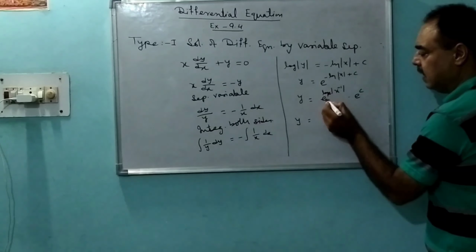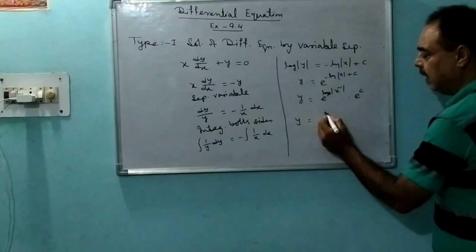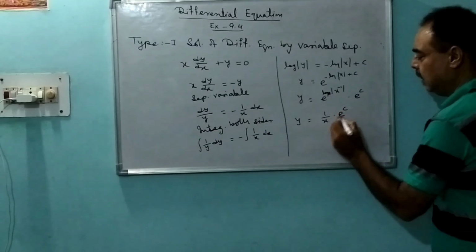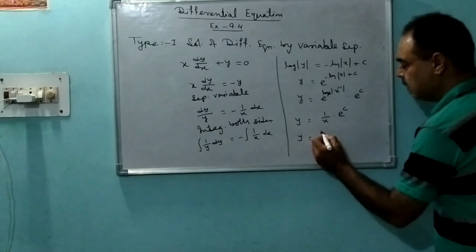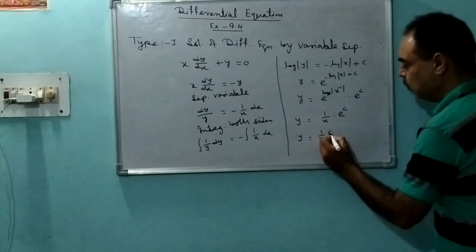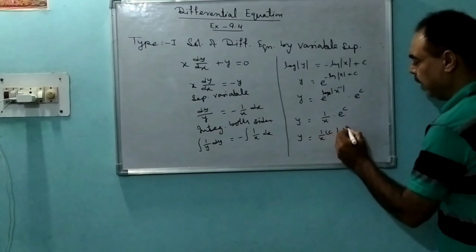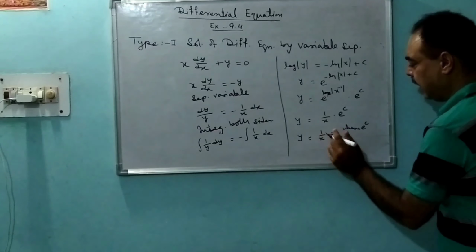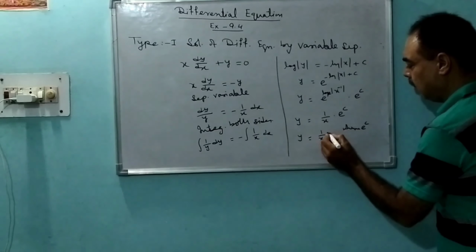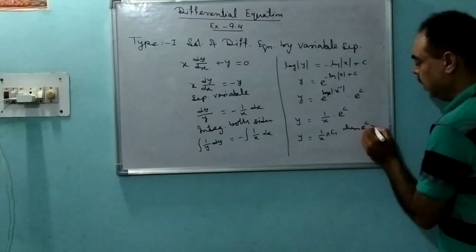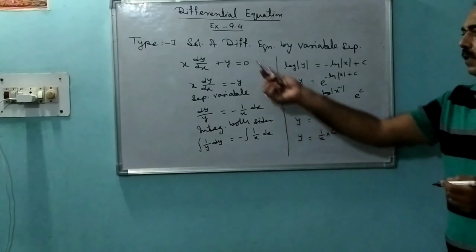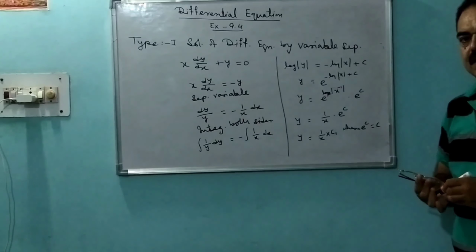When the base of this one is e, it gets cancelled with this. We get 1 upon x into e raised to power c. We can write e raised to power c as c1 is equal to c. So this is the required solution of this given differential equation.